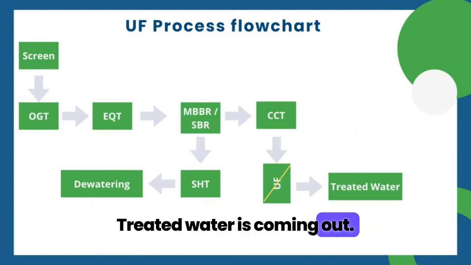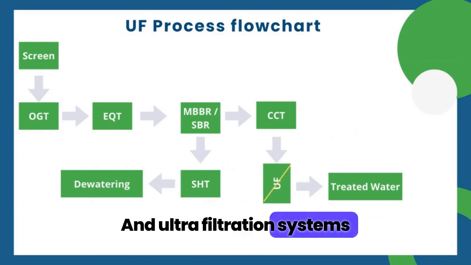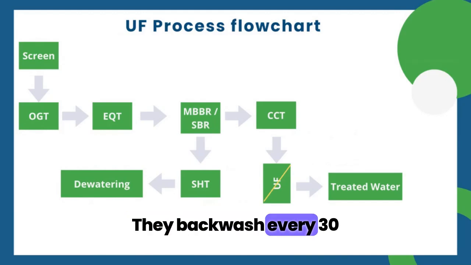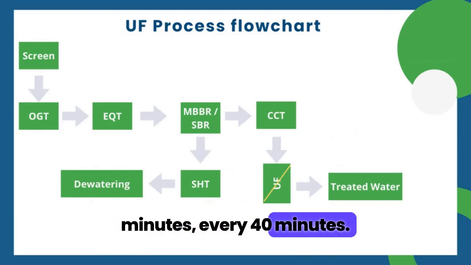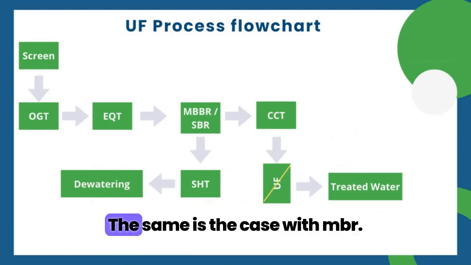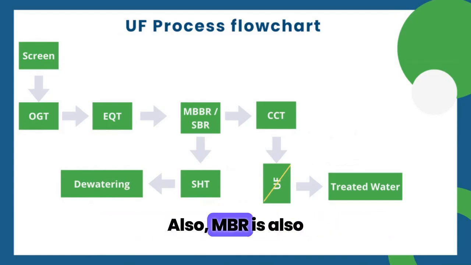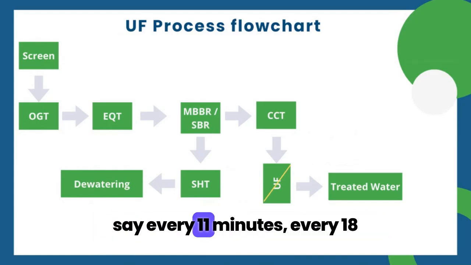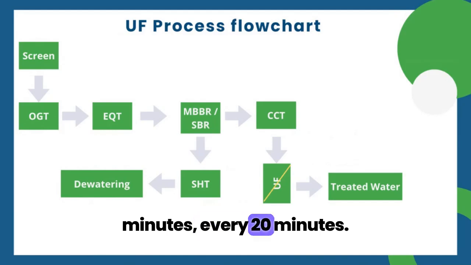Treated water is coming out, and ultrafiltration systems are typically automatic. They backwash every 30 minutes, every 40 minutes as you program. There will be a very small PLC or a microcontroller which is controlling the performance logic. The same is the case with MBR also. MBR is also backwashed automatically. Some membrane manufacturers say every 11 minutes, every 18 minutes, every 20 minutes.